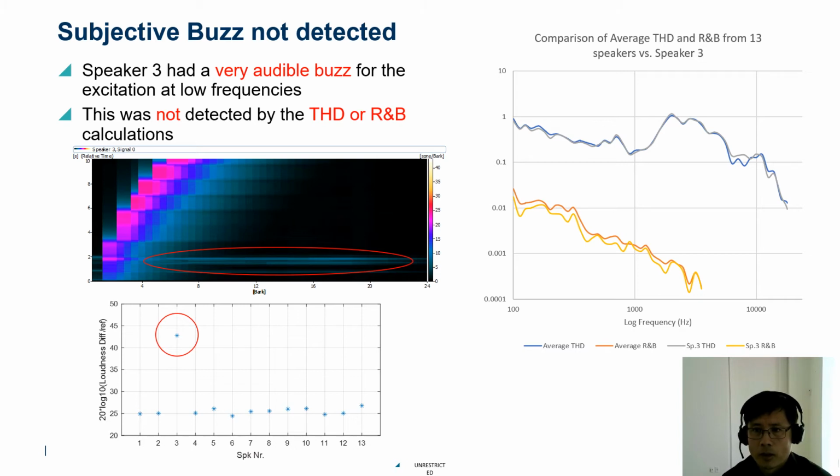In terms of THD, they seem to be very similar, but Rub and Buzz shows that speaker 3 is actually even lower compared to the average result. So clearly the traditional measures cannot detect this event.